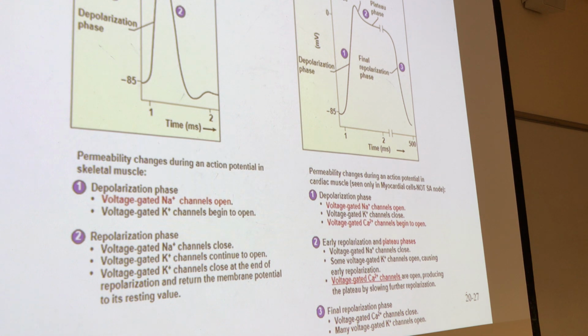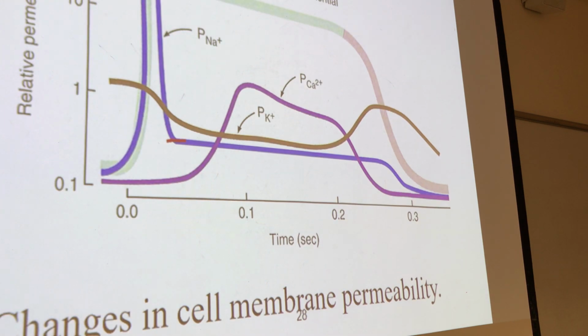And calcium entering allows us to have this really long plateau phase, which allows us to have a long sustained contraction. Right? So the next step right here kind of shows us how long it lasts. This is our plateau phase right here. This plateau phase is caused by calcium going in.